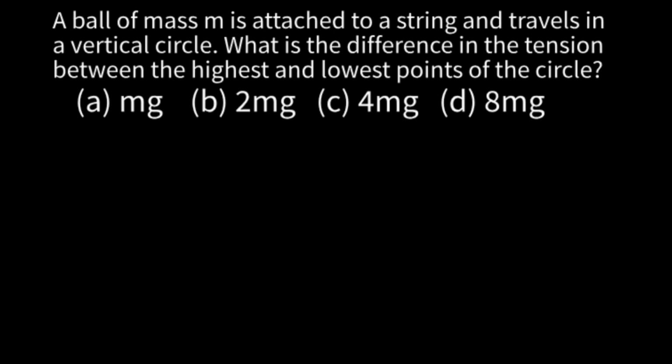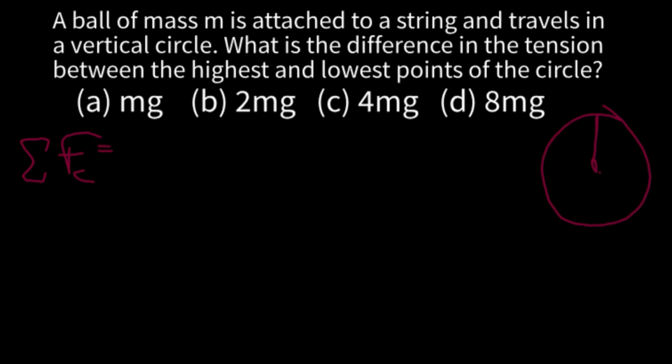Alright, we've got a ball of mass m attached to a string traveling in a vertical circle, and we want to know the difference in the tension between the highest and lowest points of the circle. Alright, this will be at the top. Let's sum our centripetal forces acting at the top, calling inward positive.